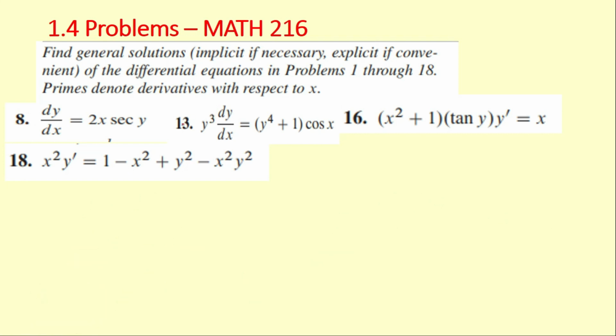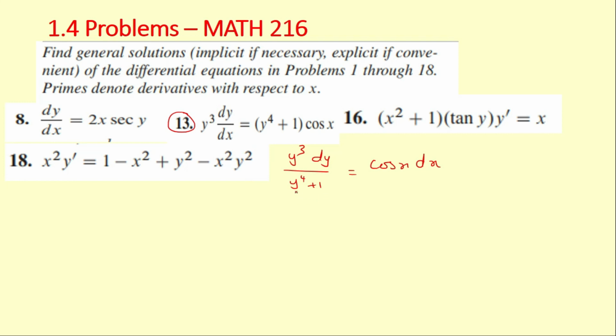Now let's start 13. Again club all y's on one side and x on the other side. You will get y cubed dy over y raised to 4 plus 1 on the left hand side, cosine x dx on the other side.